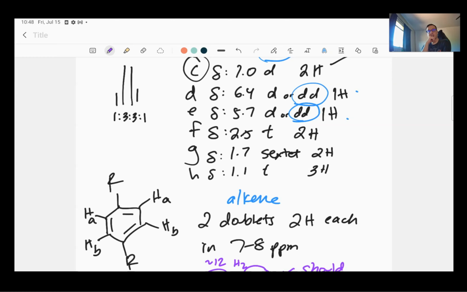We can take a look at the splitting as well. Like if it's next to 2H here, this one is next to 5H, and this one is next to 2H as well. Just based on the splitting, right?